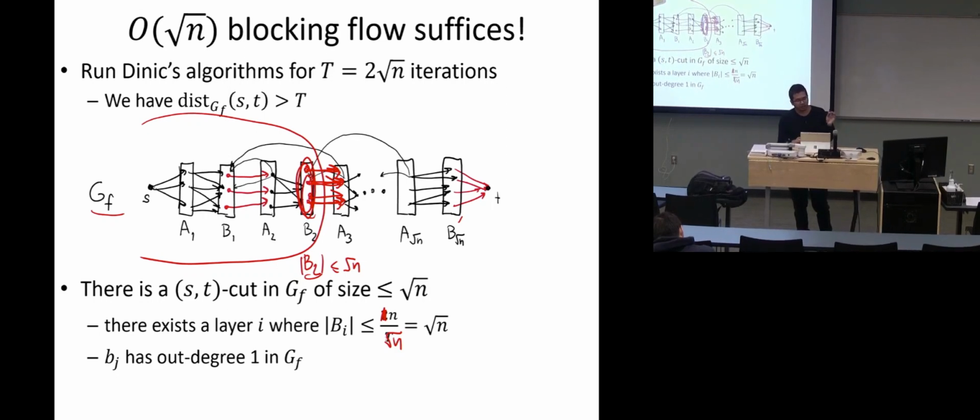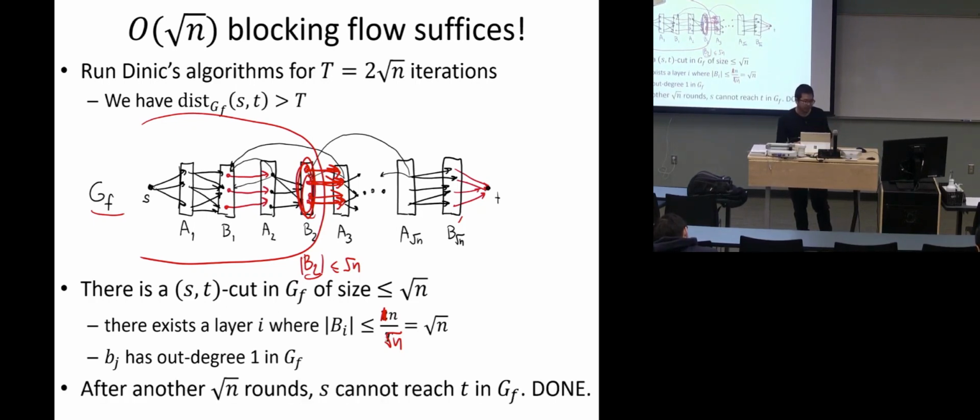But if there is a cut of size root n in the residual graph, then it means what? It means that after another root n rounds, S cannot reach T. Because in each iteration, you will increase the value of the flow by at least 1. But there is a cut of size root n up to this point, so you can increase the flow by at most root n many rounds from now.